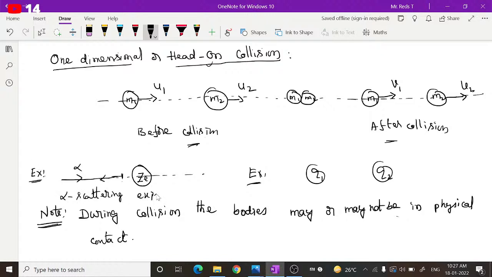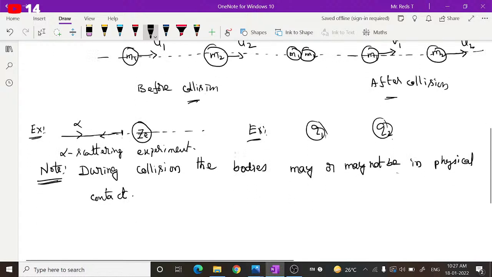Another example, interaction between two like charges. And another example, interaction between similar poles of two magnets. Two magnets can also be considered here, right?